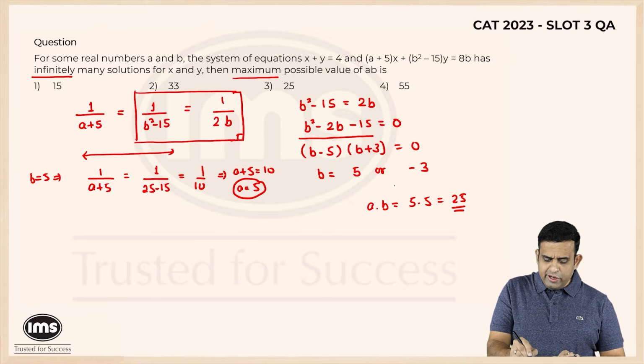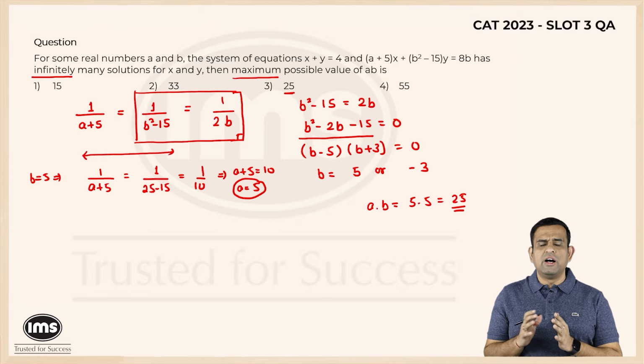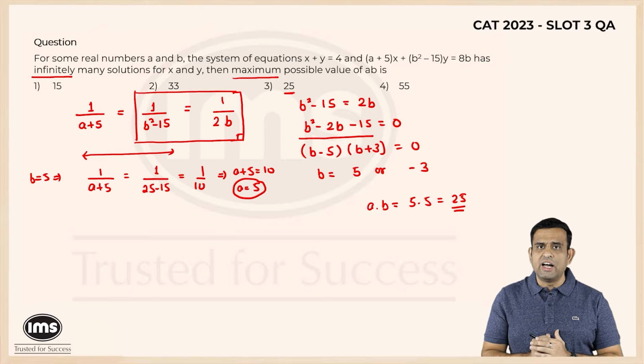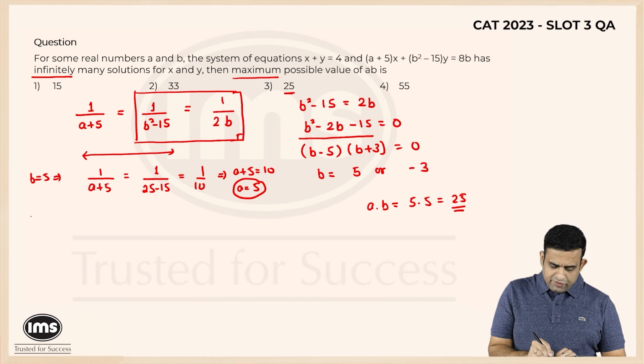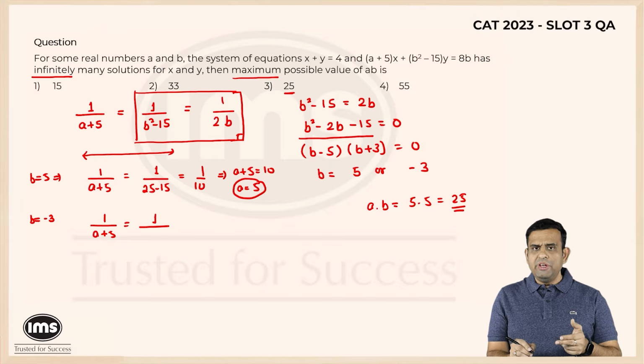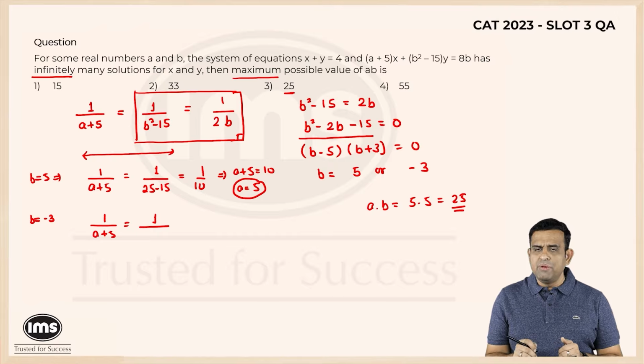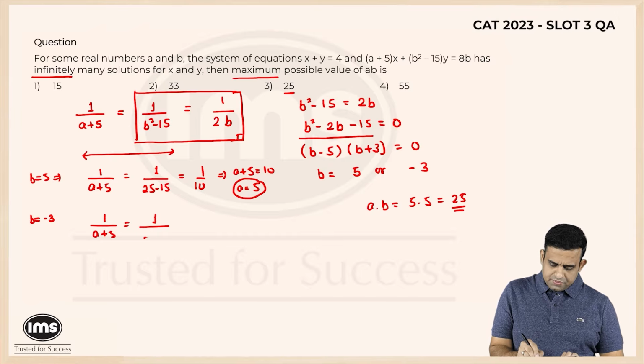Please note, we do see a 25, but we shouldn't be in a hurry to mark option number 3 as the answer at this particular moment. Let's also evaluate the value of a for b equals -3. If I put b equals -3, one will get 1 upon a plus 5 equals 1 upon the term b square minus 15, which will become (-3) square minus 15.